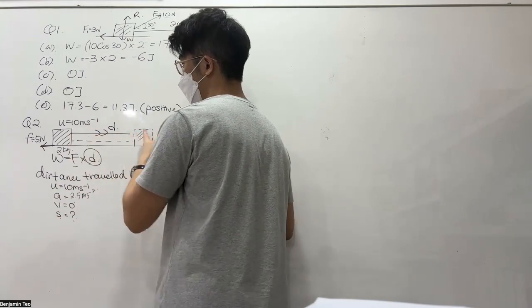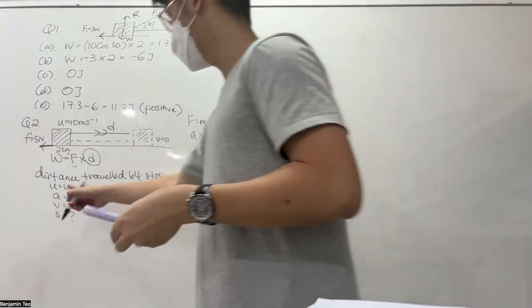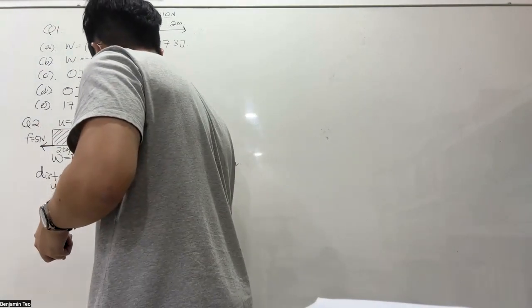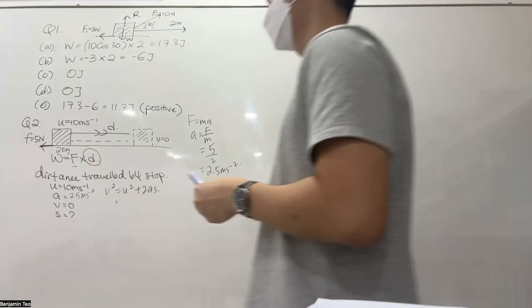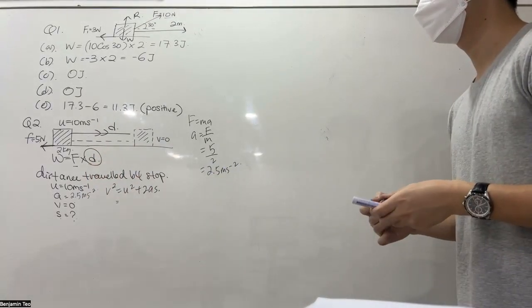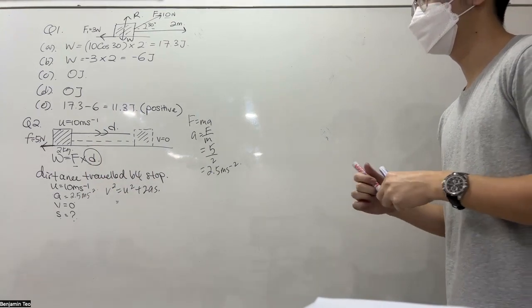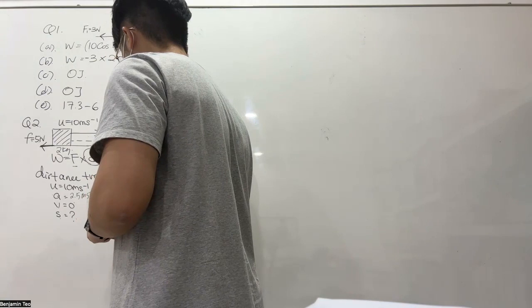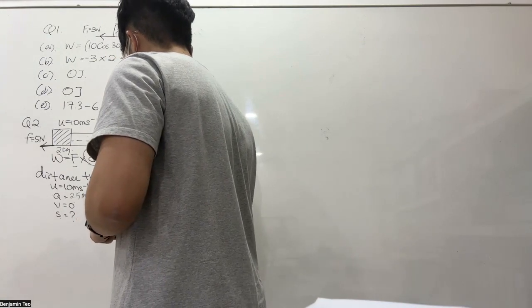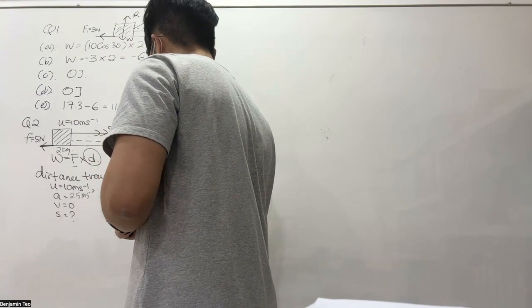I use that to find the distance traveled before it comes to stop. U, A, V, so V squared equals U squared plus 2AS. Zero squared, U squared. Direction is minus 2.1.